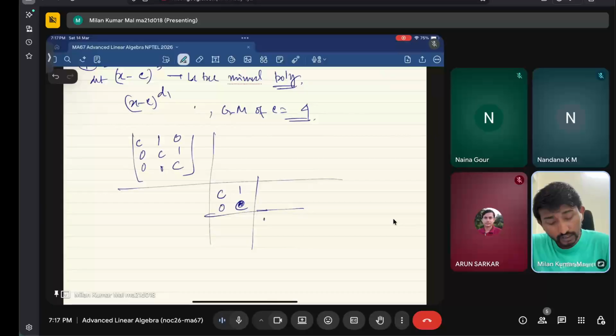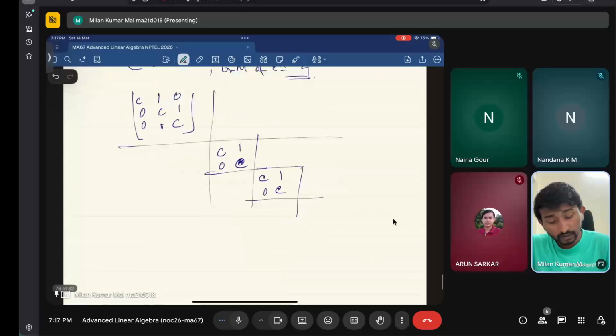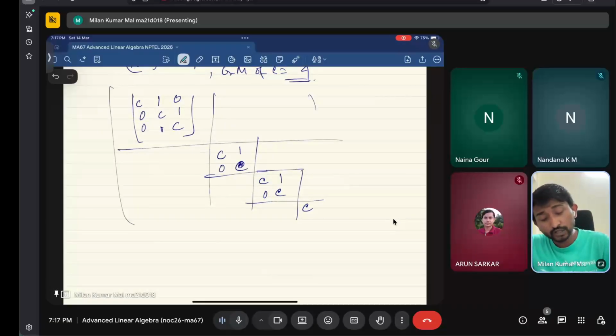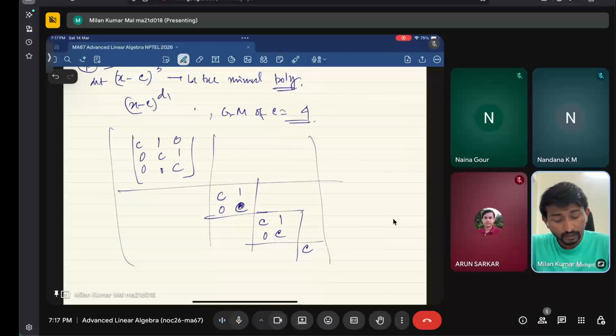Another block is C 1 0 C. This is another block. Another block is C. Right, this is a possible Jordan canonical form. Geometric multiplicity is 4, the minimal polynomial is x minus c to the power 3, and the blocks are 3, 3, 1, 1, so D1 is actually 8. Okay, so that's clear.